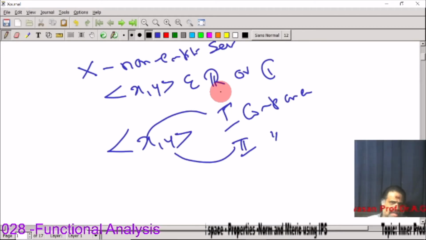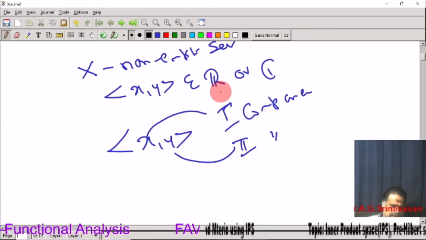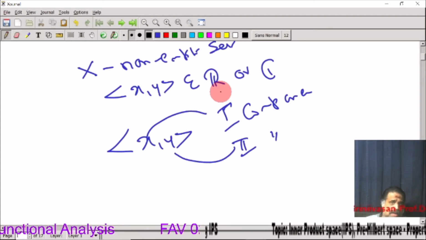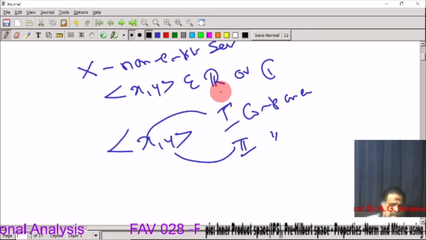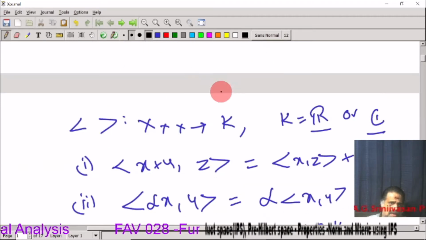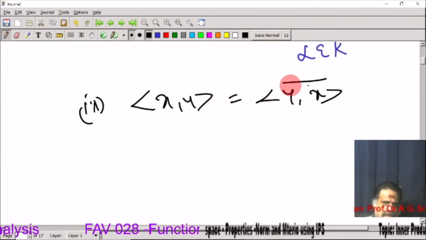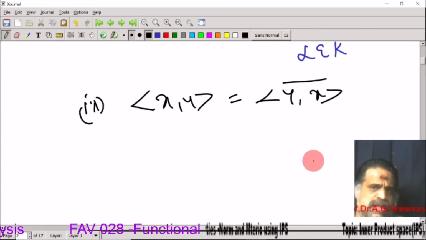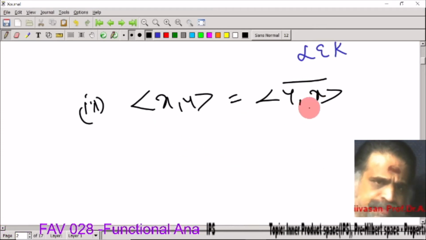However, if x comma y is a complex number, then x comma y is the conjugate of y comma x. Of course, if they are real numbers, x comma y is the same as y comma x.